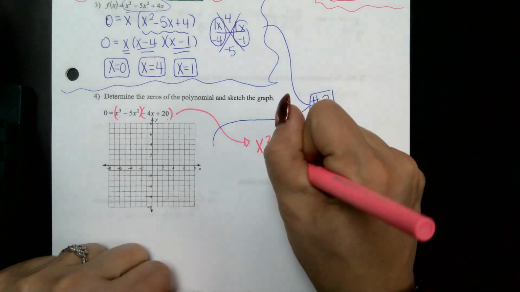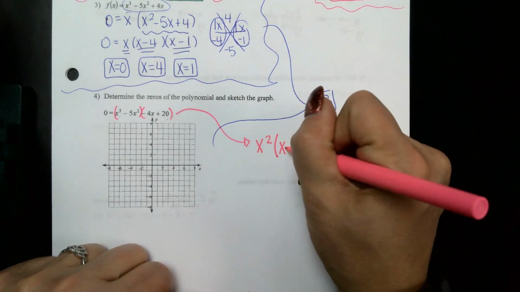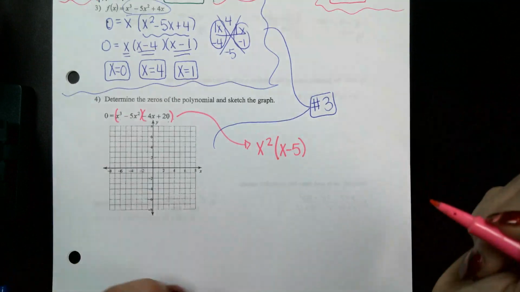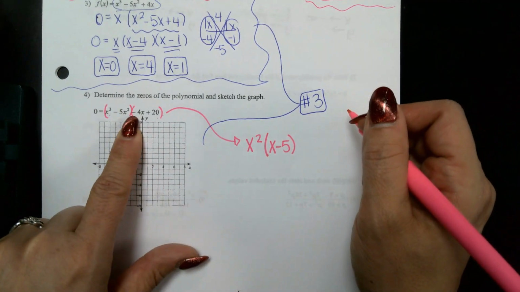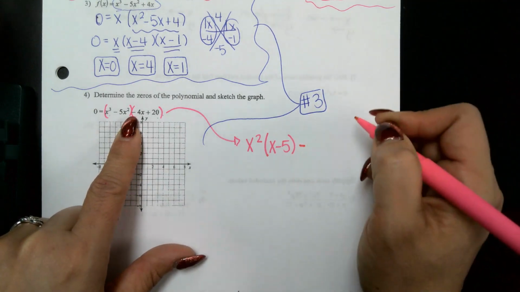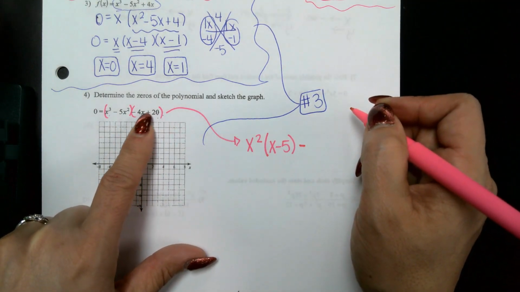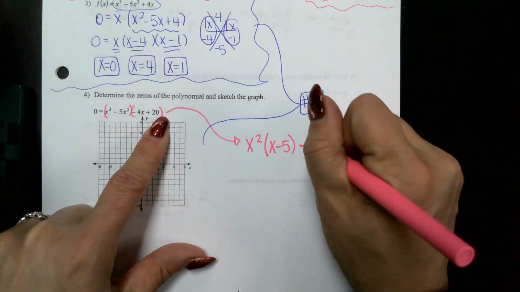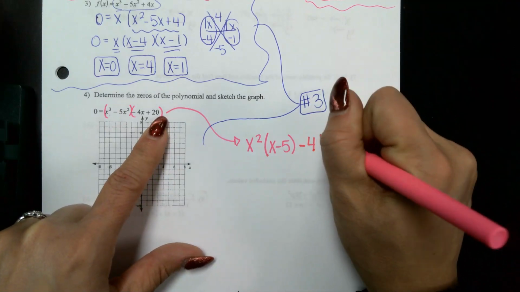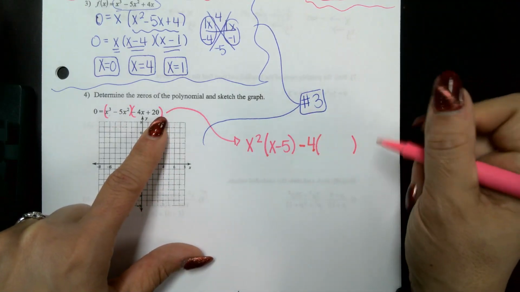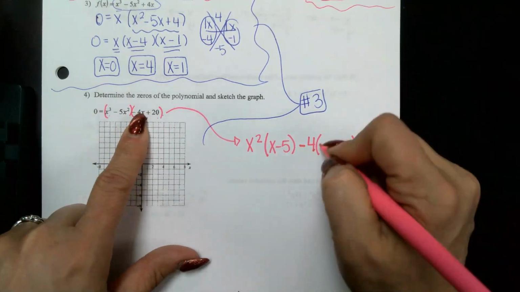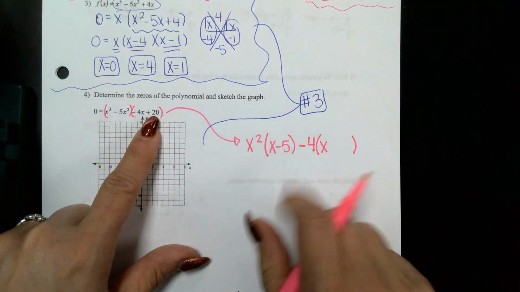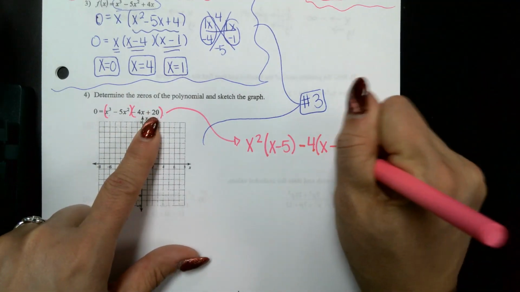And then when we factor that out, you'd have x minus 5 left. Then this minus sign, I'd put right here. And then 4 and 20 are both divisible by 4, so we're going to bring that out. And in parentheses, we would be taking negative 4x divided by negative 4, which is x, and positive 20 divided by negative 4, which is negative 5.